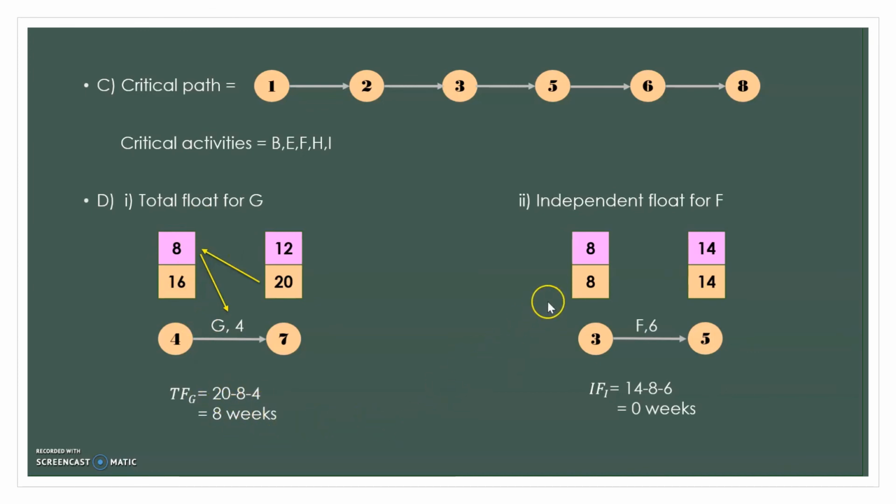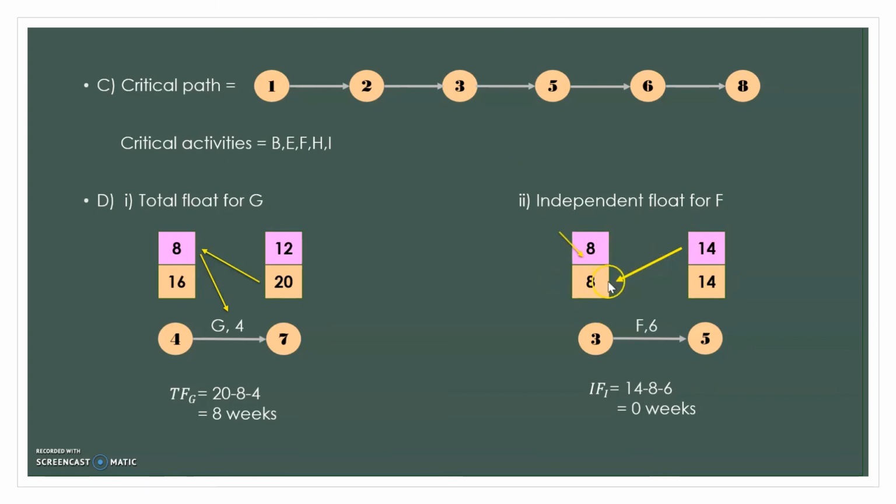Okay, next we go to the independent float for F. How can we calculate, and what is the formula? For the independent float, we also start at the right side, but different from the total float, where we start from the bottom right side, here we start from the top right side. 14 minus the bottom left side here, 8.